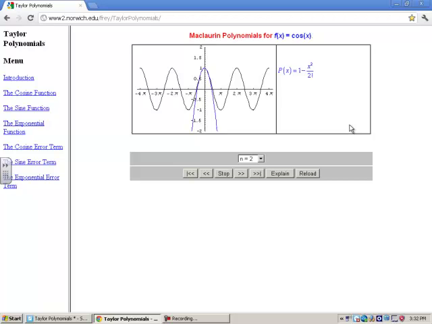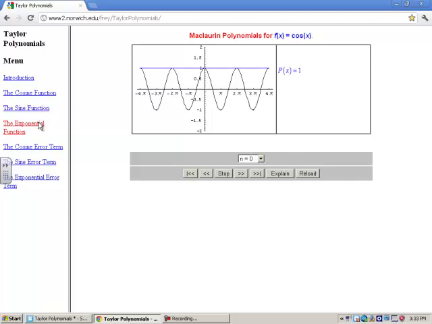There's the quadratic, there's the quartic, there's the 6th degree, and then the 8th degree. So what I want you to see is as we add more and more terms onto the Taylor polynomial, the polynomial starts to converge onto the graph of cosine. And as a matter of fact, if we take this all the way out to infinity, we have a polynomial that will actually equal cosine x. So you can see we get out here to the 30th degree, and we almost matched it.